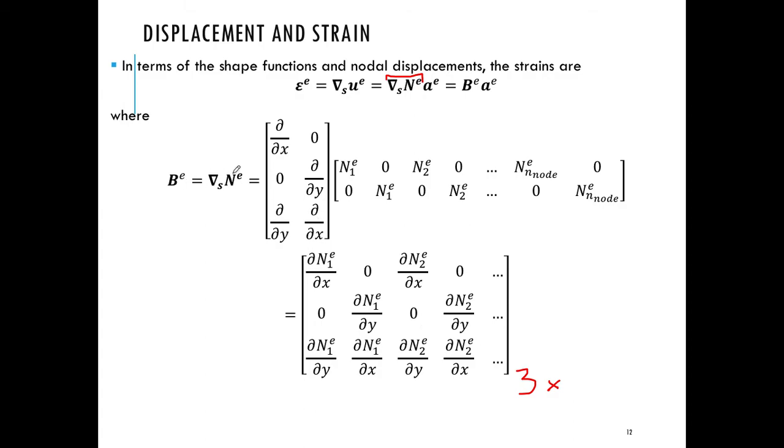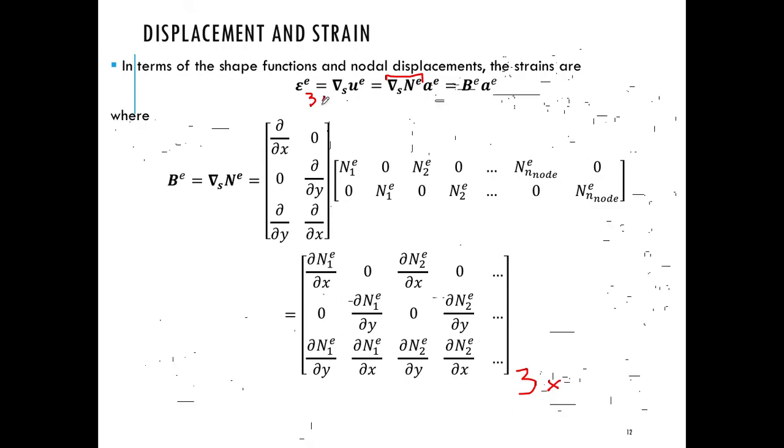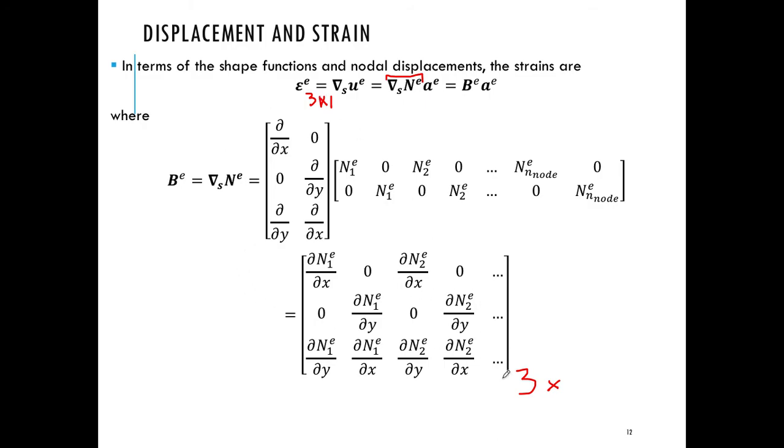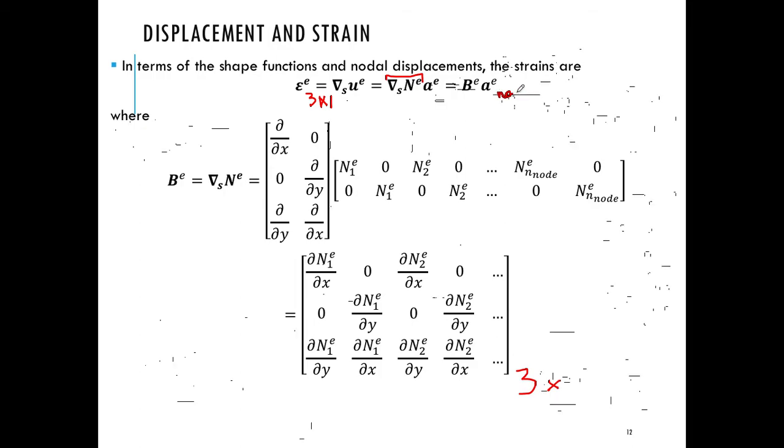Why is it 3 by something? Because recall that my epsilon is 3 by 1. In order to get this 3 by 1, I need a B matrix which is 3 multiplied by the rank of A^e, which was n node by 1.